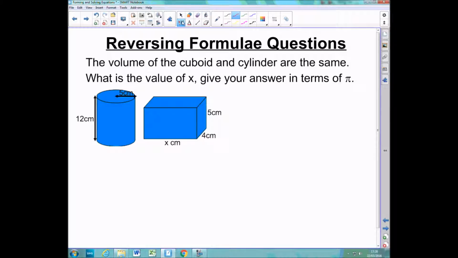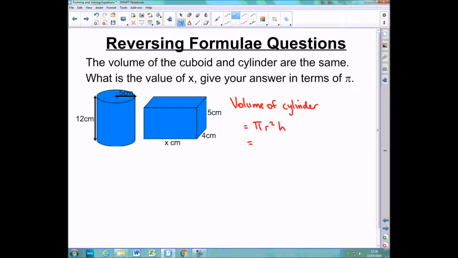Okay, so I want to find the volume of the cuboid and the cylinder. Now, if you notice, the cuboid, I know 2 of the lengths, but I don't know this value x. Whereas the cylinder, I know all the lengths, so I can calculate the volume of the cylinder. So the volume of the cylinder, if you remember, has a formula, which is pi r squared h.